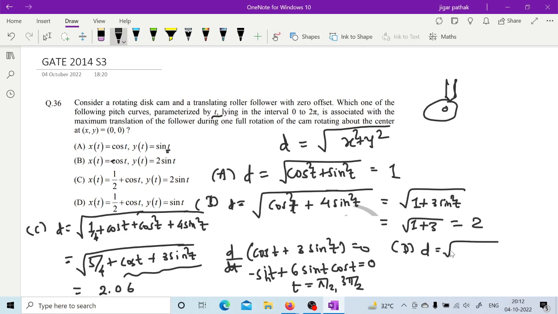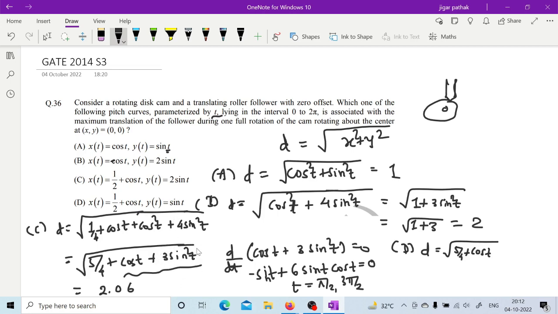And if you go for the final one, that is D, in case of D it is again d is equal to square root of x square plus y square. So over there you will have 5 by 4 plus cos t only, because only sin t is there, so 3 sin square t will not be there in that case.